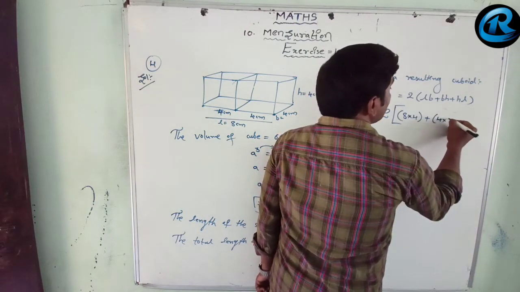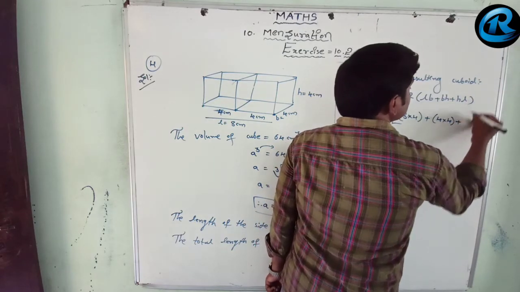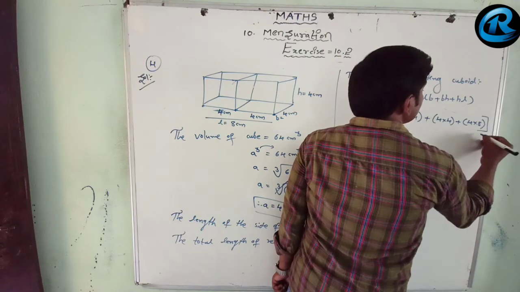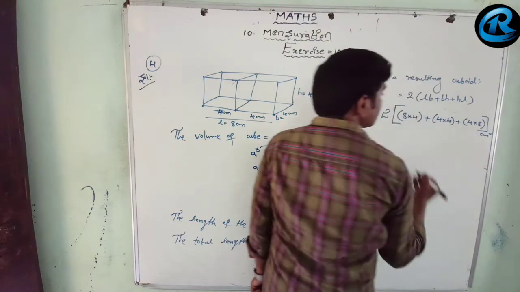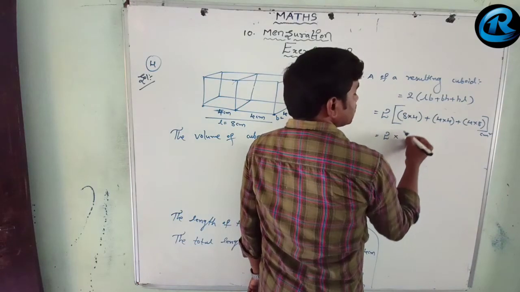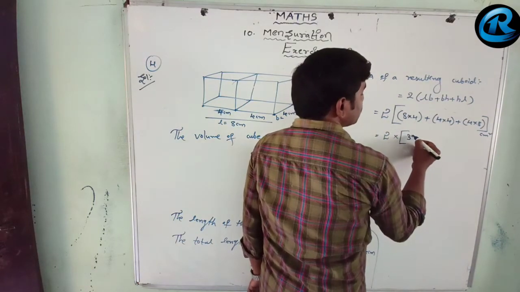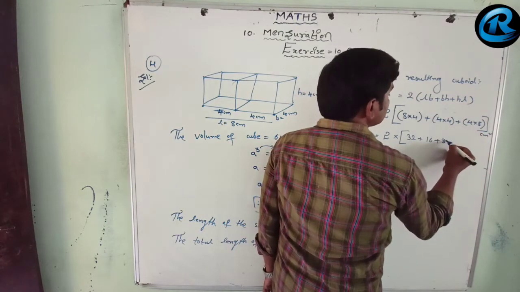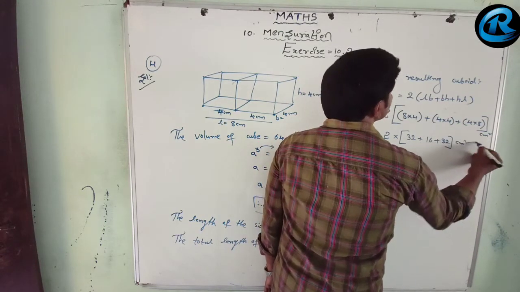B is 4 and H also will be 4, plus H into L, that is 4 into L is 8 centimeters squared. That equals 2 into 8, 4 is 32 plus 4 4 is 16 plus 4 8 is 32 centimeter square.